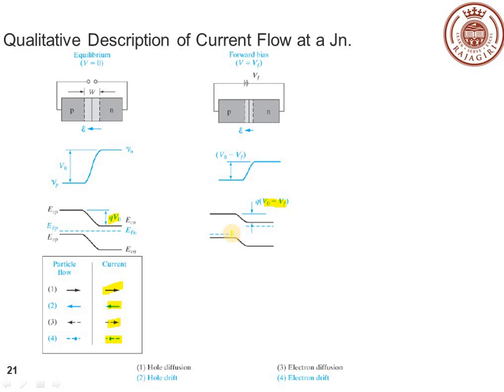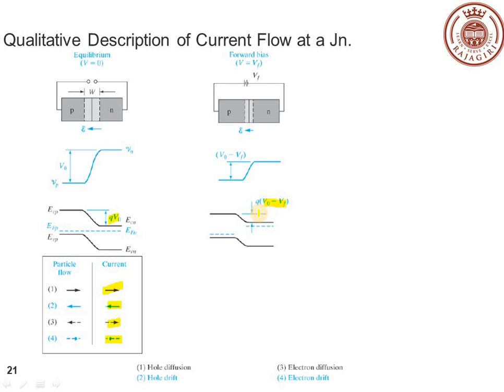As you have applied the forward bias, the Fermi levels will split. It won't be constant again because you are applying a bias. The shift between these two Fermi levels, EFP and EFN, is Q into VF. That value is subtracted from the energy barrier, Q into V0, so our net barrier will be decreased.